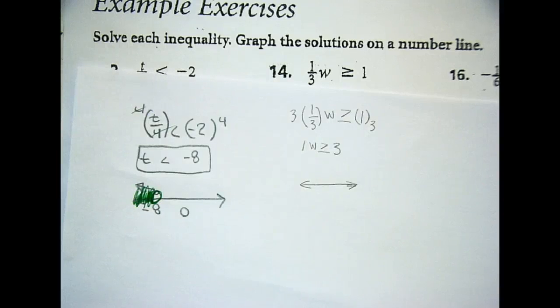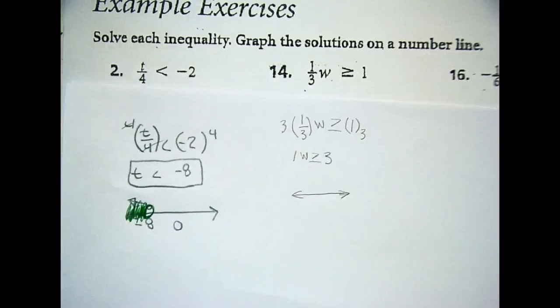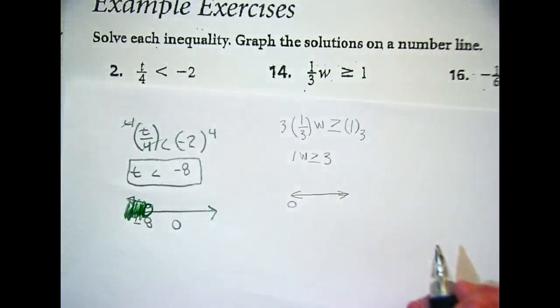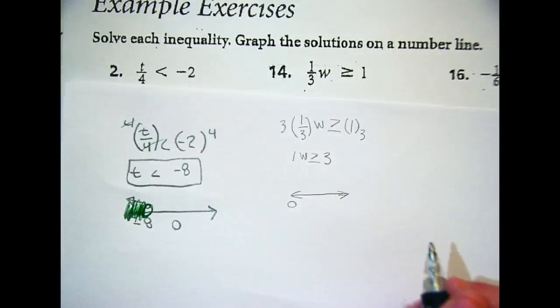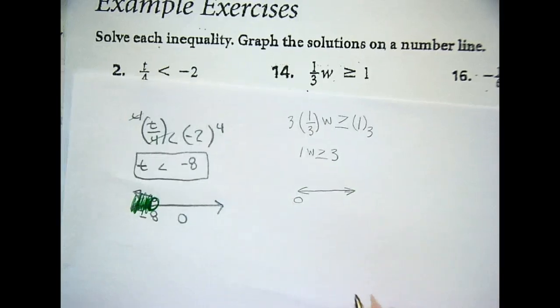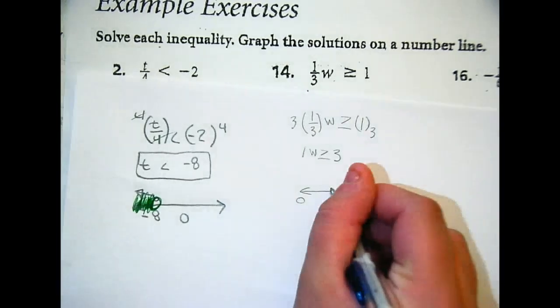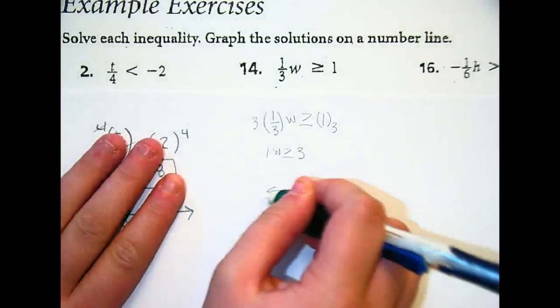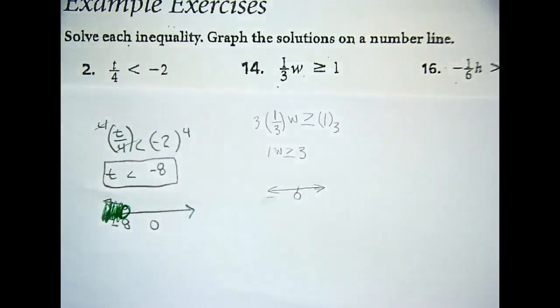So we got to put our 0 there. We got to put our 3. We usually put our 0 right in the middle, right? Then where's the 3 go? Right or left side? Right. Yeah, we'll go to the right.